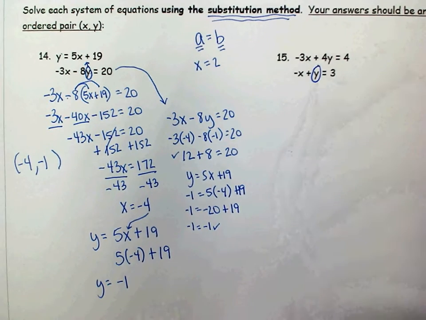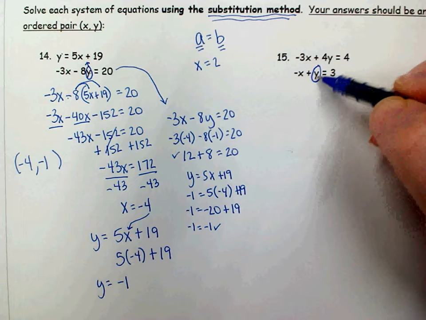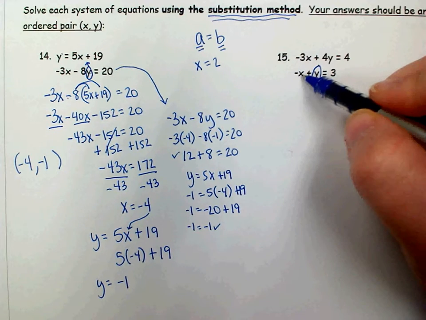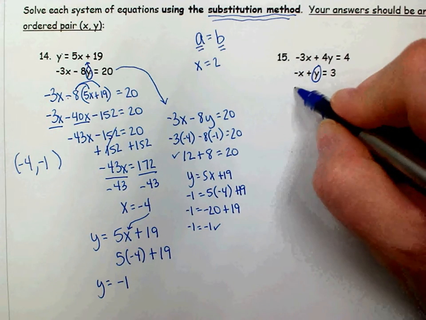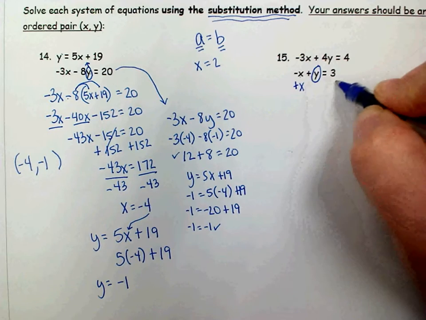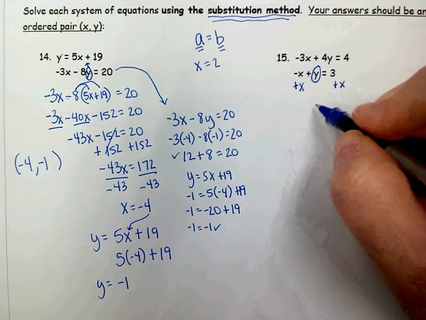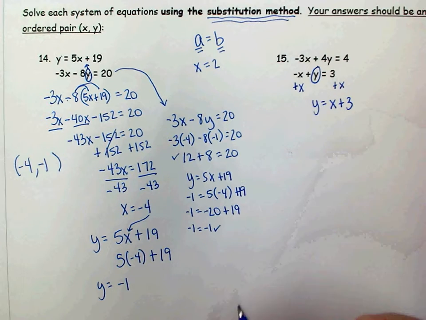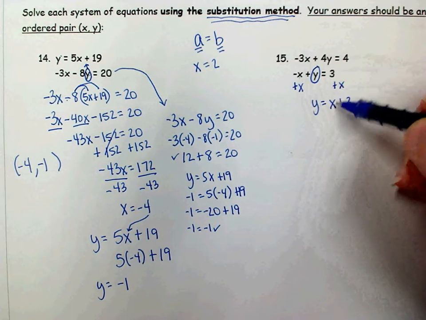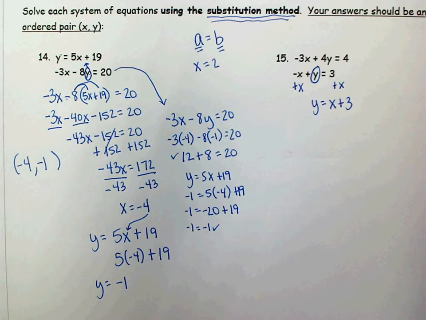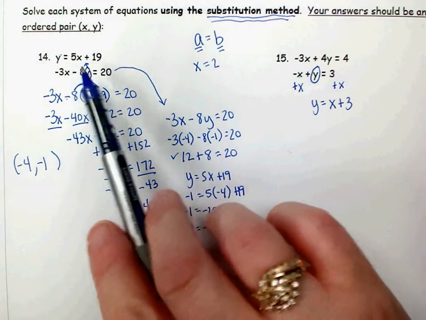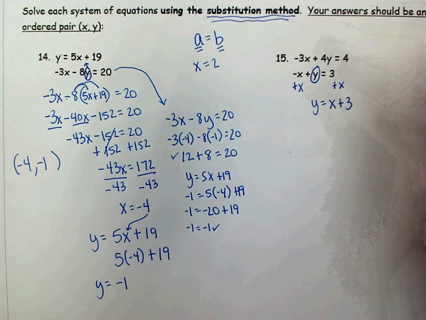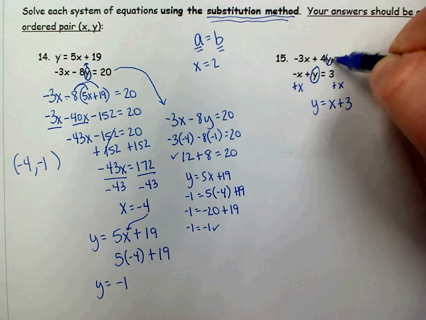So to get y by itself, I have to get rid of this negative x. To get rid of a negative x, I can add x to both sides. So y is equal to positive x plus 3. That negative x went to the other side and it had to become positive. So now I'm going to do exactly like I did over here. In my other equation, I'm going to replace the y with x plus 3.